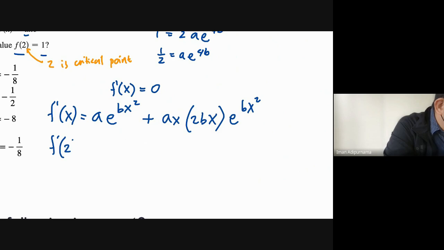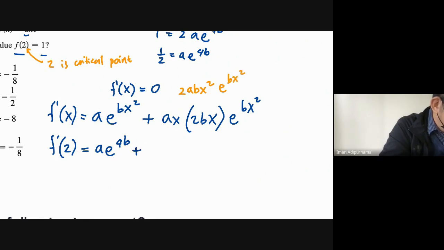So let me write here, this is f prime x, and then let me put f prime 2. This will be a e^(4b) plus, let me calculate this, 2abx squared e^(bx squared). 2ab, 2 times 2 is 4, 8ab e^(4b).